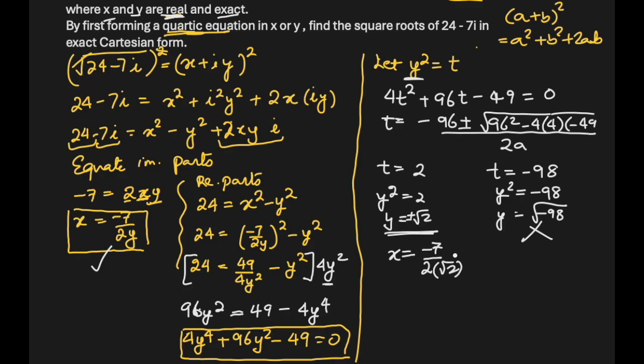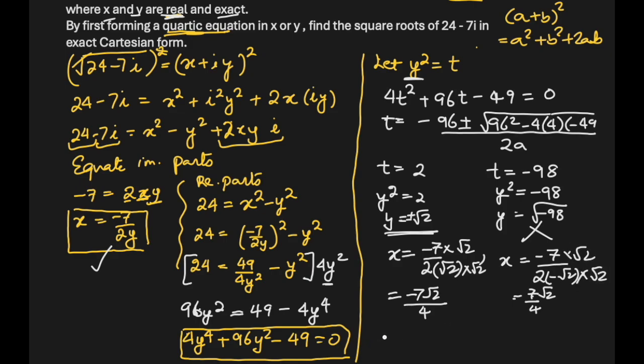So one x is this, and the second one will be minus 7 over 2 times minus square root 2, and nothing gets cancelled, but we have to rationalize the denominator. So it comes out to minus 7 square root 2 over 4. This will be positive 7 square root 2 over 4 by the same rationalizing method.